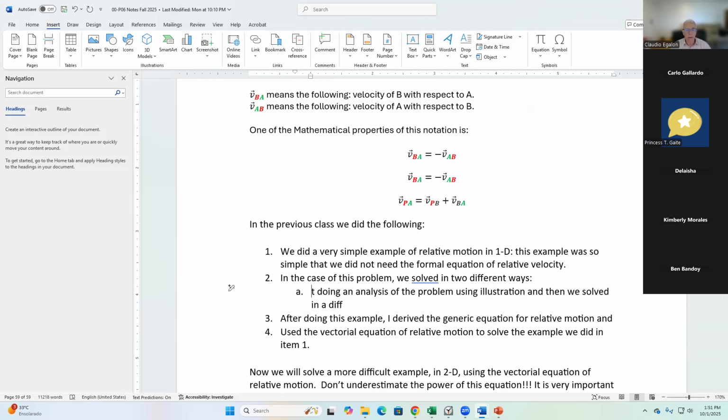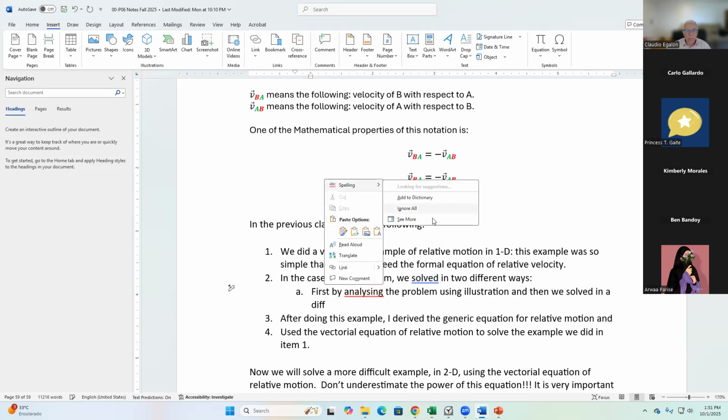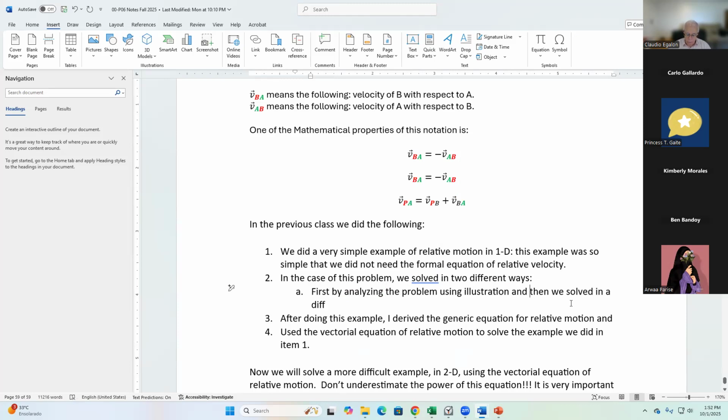One, first, by analyzing the problem using an illustration. And two, then by using the equation of relative motion.